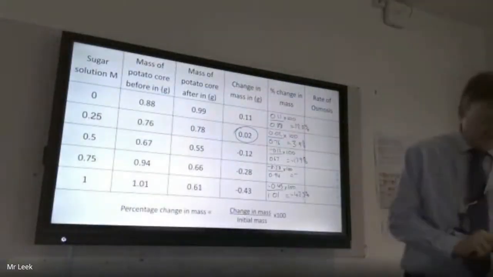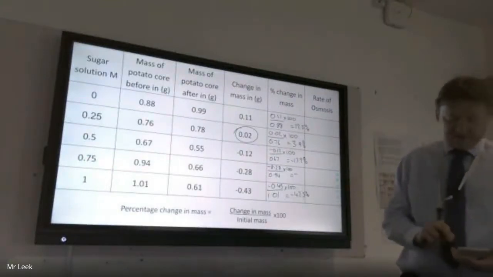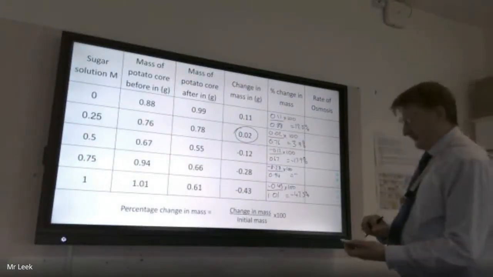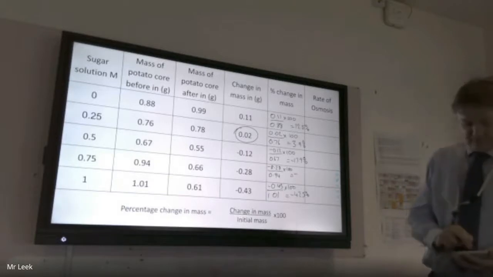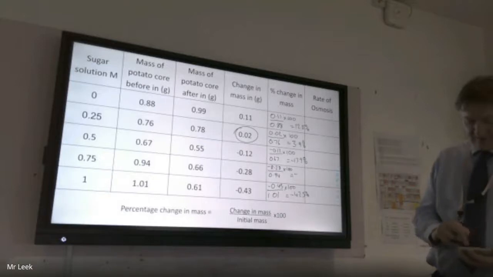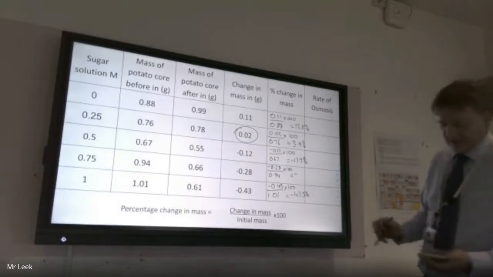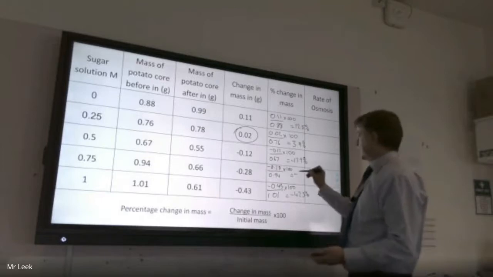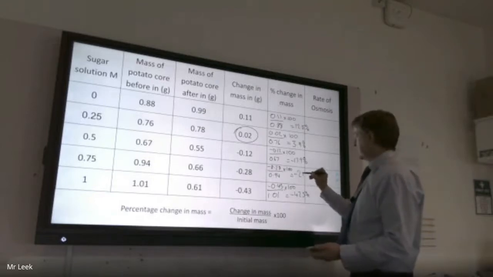Oh, mine's working now. Minus 0.28 divided by 0.94 times by 100, and then that one should be 29.8%, or minus 29.8%.